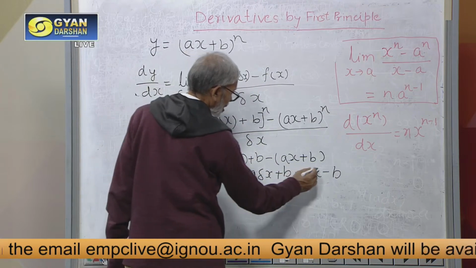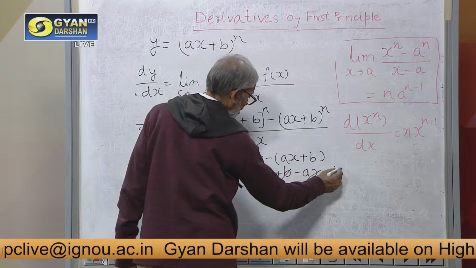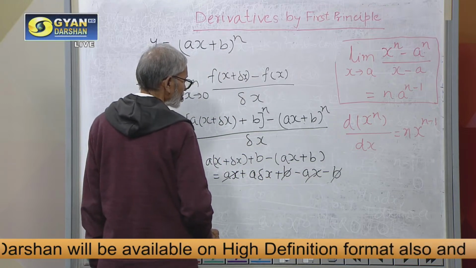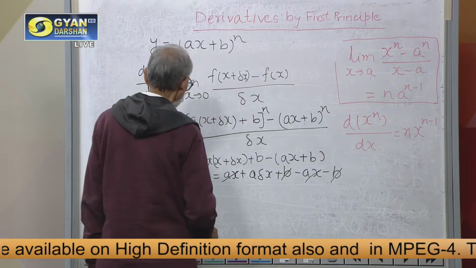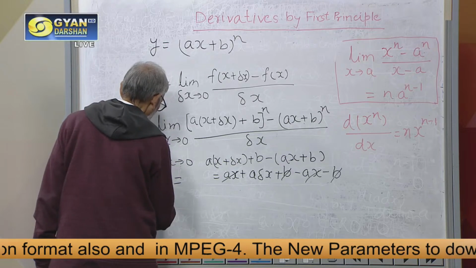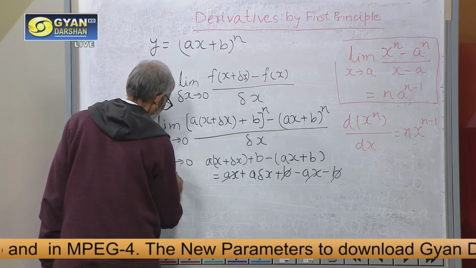So, a x will be cancelled out, b will be cancelled out, a delta x will remain. If delta x tends to 0, then a delta x will also tend to 0.